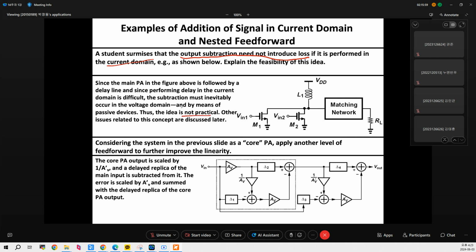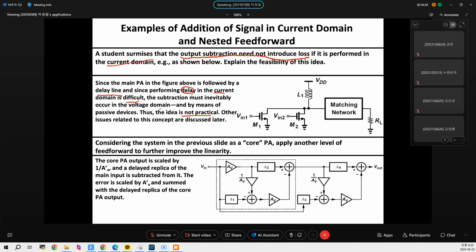Why? Because the main power amplifier is followed by a delay line, and performing delay in current mode is very difficult. If it is voltage, then you may just use an RC network, but if current, then there is no good way.